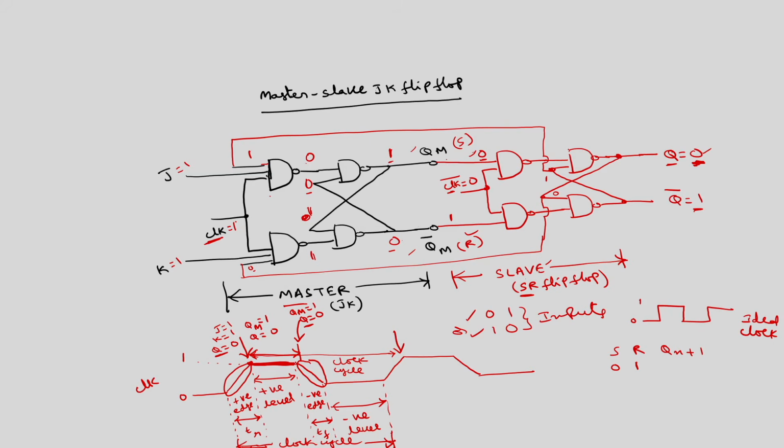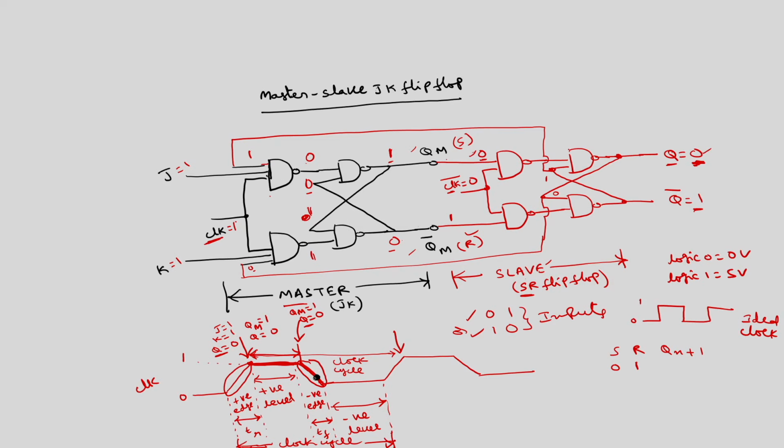Now, coming to the next portion where the clock is changing from logic 1 to logic 0. Okay. Ideally, we will take logic 0 as 0 volts, logic 1 as 5 volts. But practically there will be a range of voltages which can be taken as logic 0 and a range of voltages which can be taken as logic 1. Okay. So, the clock is changing from 1 to 0.